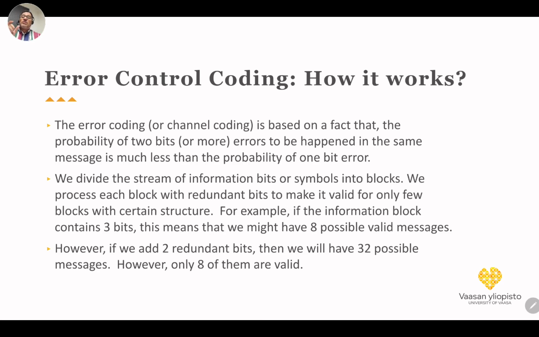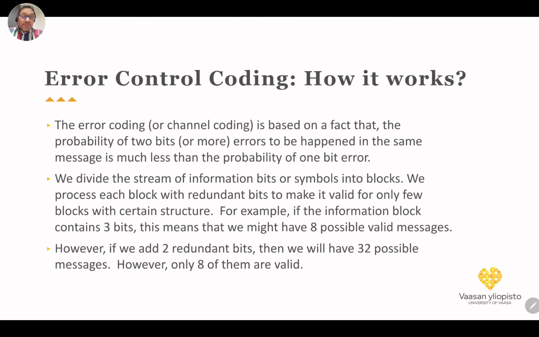Assume that you take 3 bits by 3 bits, so every 3 bits are one packet. Every bit in this packet is an information bit, so every bit is important in this case.